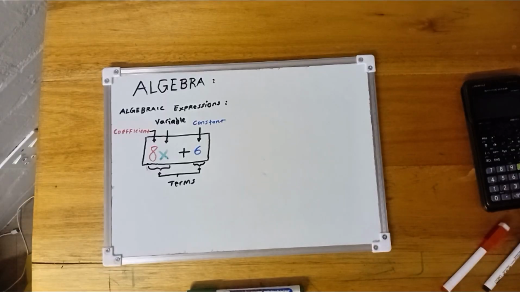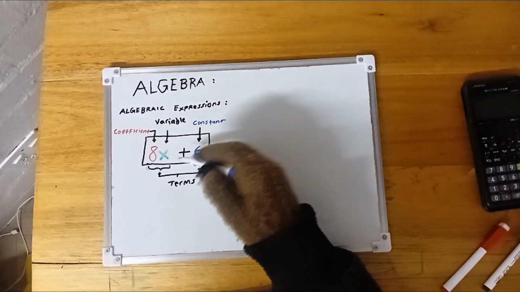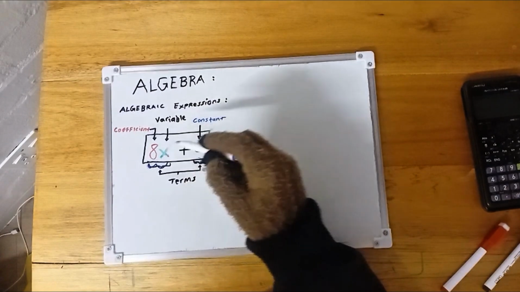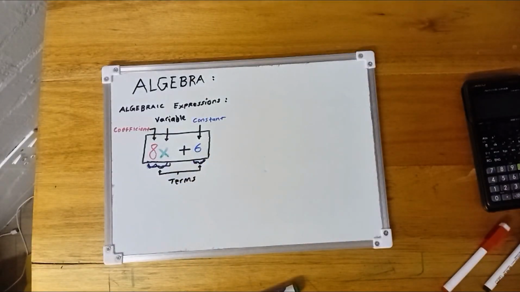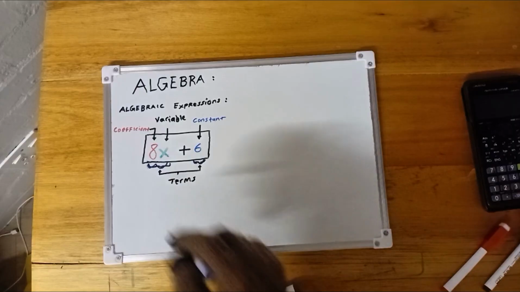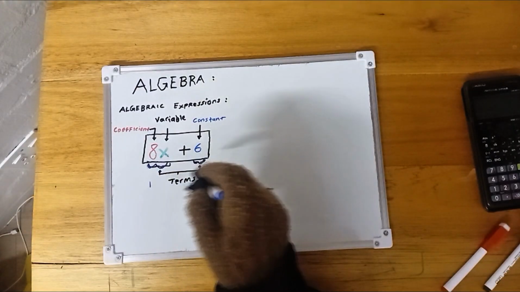Then a term can be a constant, a variable, or a combination of both. Elaborated here, whenever talking about a term, it can consist of these things, a constant or a variable. Each term is separated by addition or subtraction, as you can see. So this is basically term number one, then moving to this side is term number two.